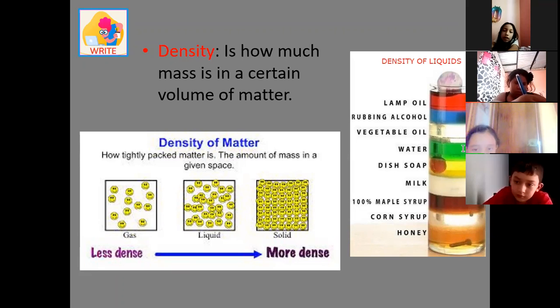But the water in this case is green because it has some color. Then vegetable oil, that in this case is clear. Vegetable oil is the oil we use in the kitchen. See? Rubbing alcohol, oil.